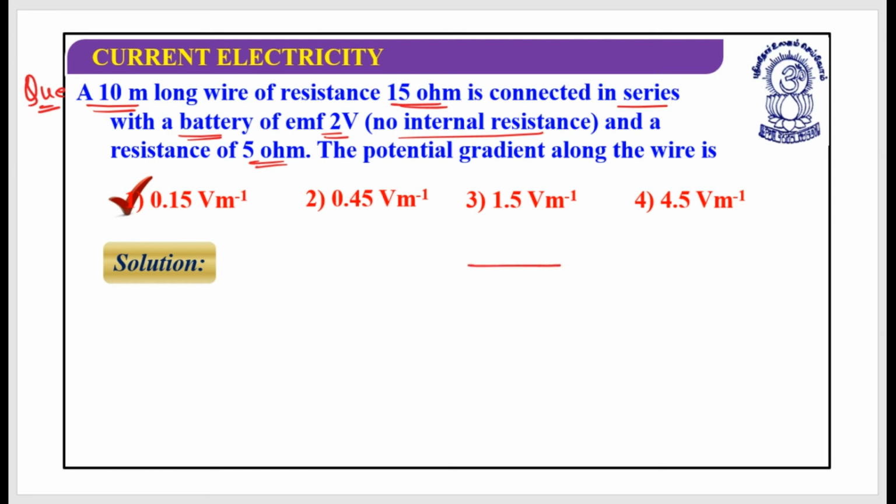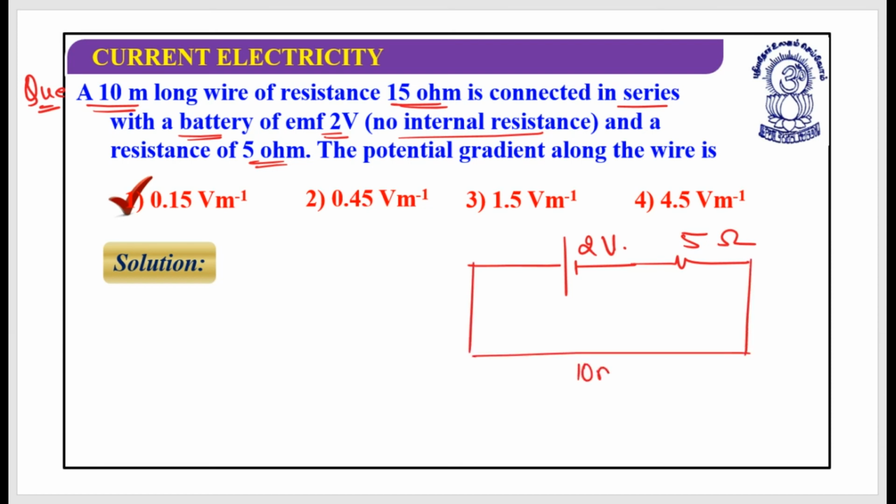EMF of 2 volt and a resistance of 5 ohm have been connected with a 10 meter long wire having resistance of 15 ohm. What do you need to find out? You need to find out the potential gradient.